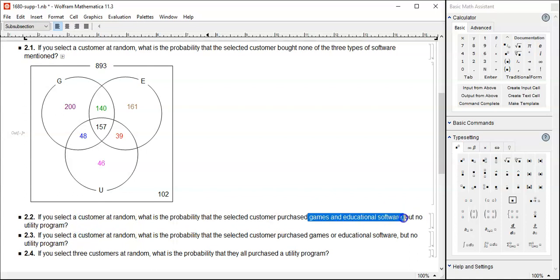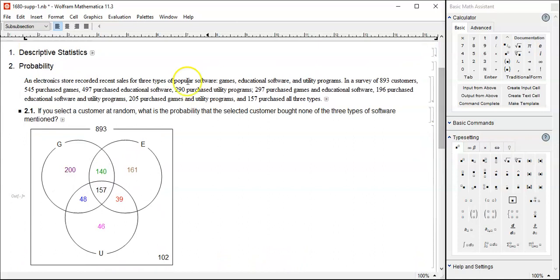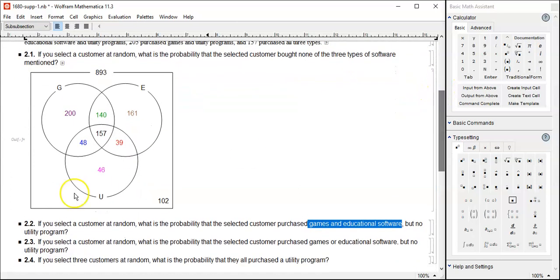Let's see, this is a logic question. Game and educational software. Game and educational. So game inside G and inside E. So we're talking about only these 140, 157. Okay. Where the total will be, let's see, 297 games and educational software.